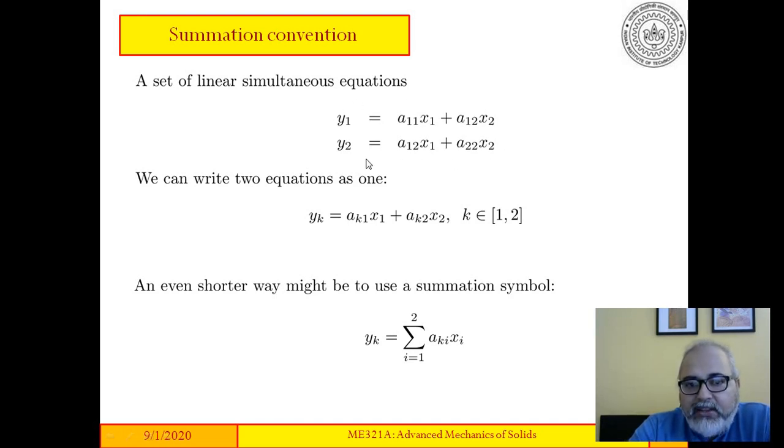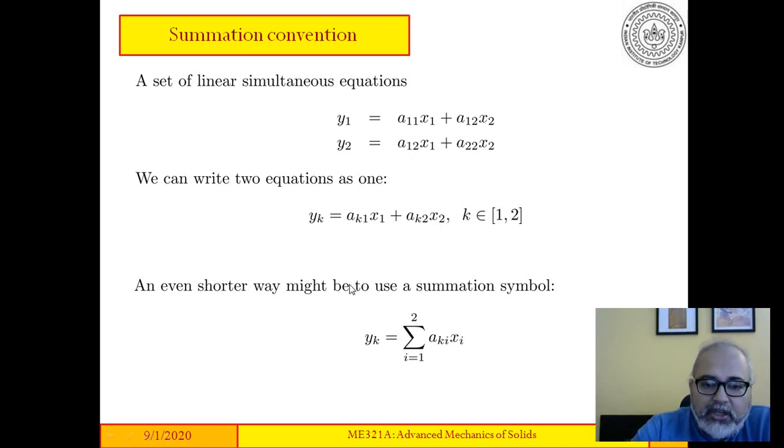We can write this equation in a slightly shorthand manner by replacing this 1 and 2 by k, with the understanding that k can take values equal to 1 or 2. So we can write these two equations as one equation, as yk equal to ak1 x1 plus ak2 x2. If you put k equal to 1, you get the first equation. If you put k equal to 2, you get the second equation. So it can be written like this, with the understanding that k goes from 1 to 2.